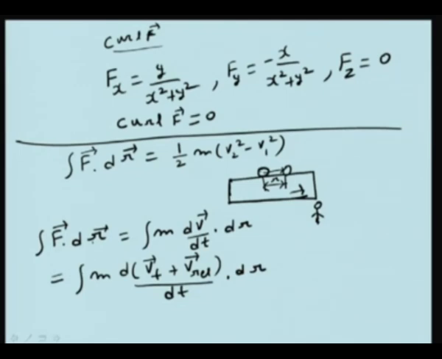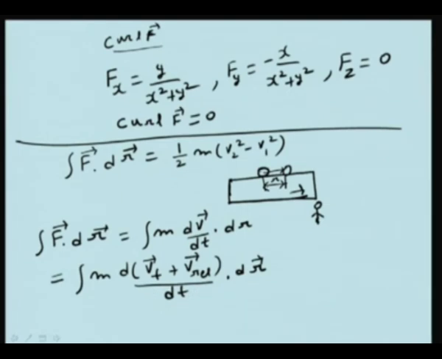Now let us consider that this r is the relative r. So F dot dr is the work done in the relative frame of reference. Work done will depend on the reference frame chosen. If you have applied a force F on the particle, the work seen by the outside observer may be more, but in this case it is F dot dr in the relative frame. So m d(vt plus v rel) by dt.